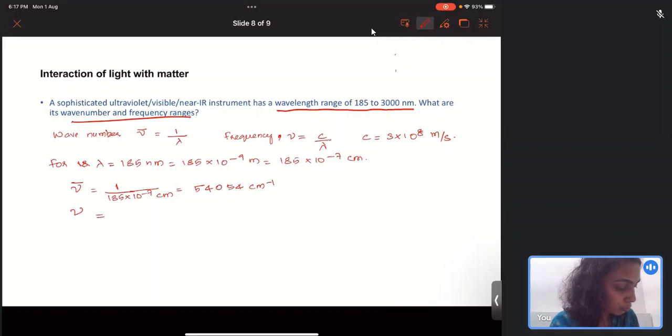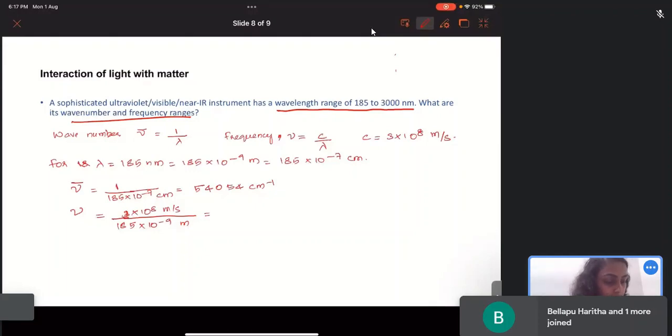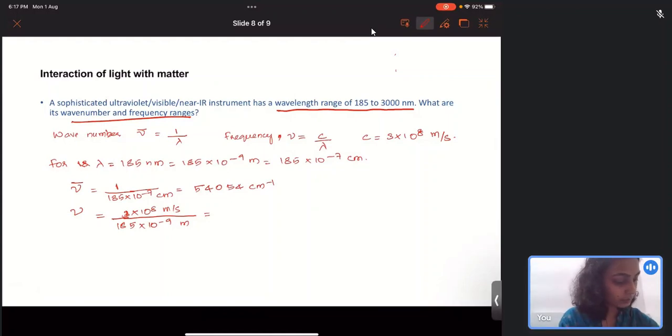Frequency nu is equal to 3 into 10 to the power 8 meter per second divided by 185 into 10 to the power minus 9 meters. So this gives us 3 divided by 185, so 0.017 into 10 to the power 17.